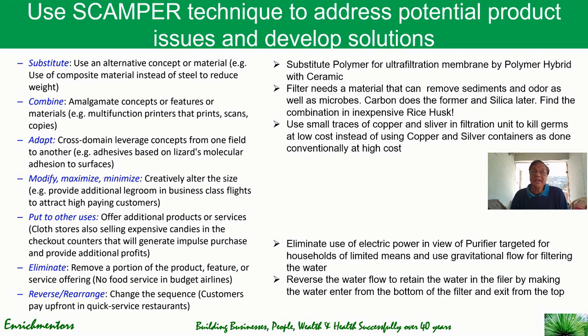So they found a combination of this in an inexpensive rice husk. It had properties of both carbon as well as silica, and that combination worked out well to find an inexpensive material that could deliver both functions.